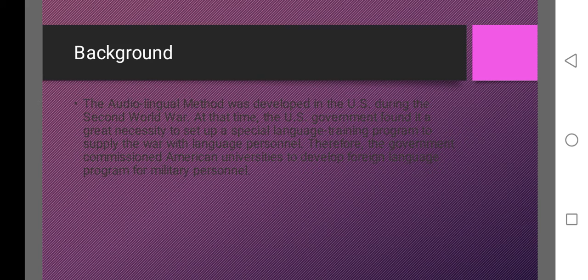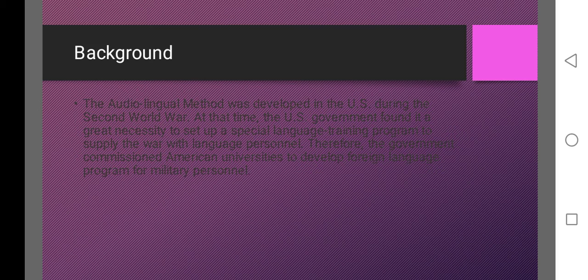So, background. The audiolingual method was developed in the US during the Second World War. At the time, the US government found it a great necessity to set up a special language training program to supply the war with language personnel.